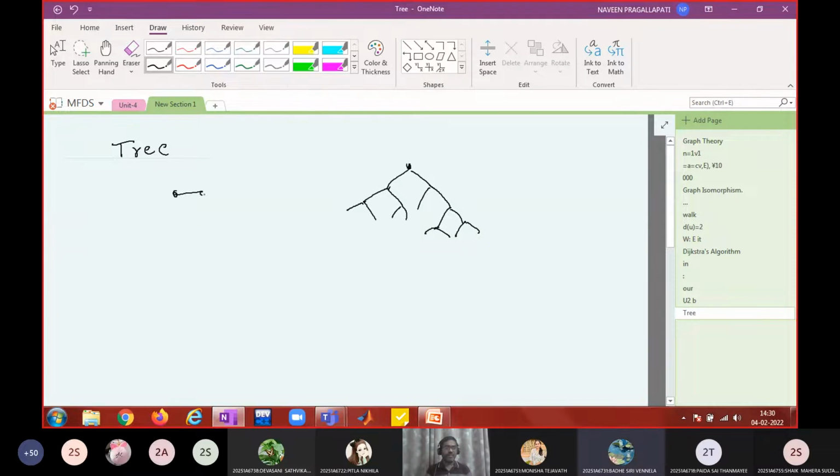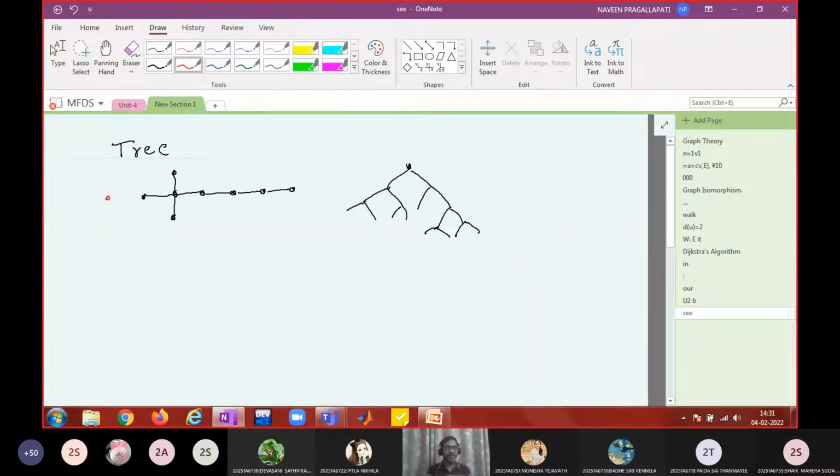If I draw the graph like this, is this a tree? Yes, sir. What about this? Also a tree, sir.